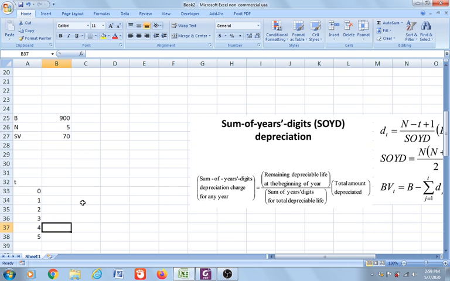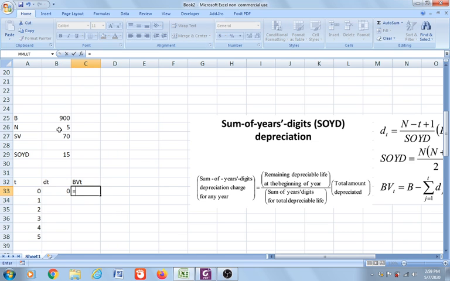The first thing that we need to calculate is the SOYD. The SOYD is n times n plus 1 divided by 2, so it is 15. And then we will calculate D_t and BV_t. D_t in year 0 is 0.